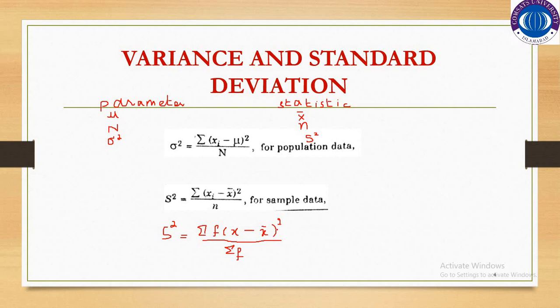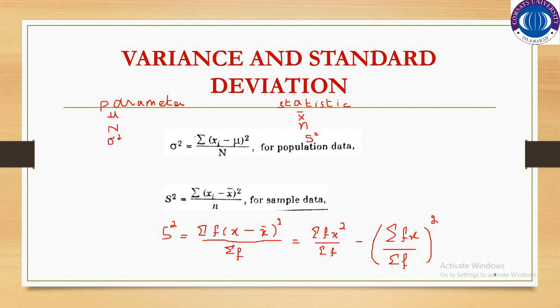By opening this square and simplifying, we can also write it as summation f of x square over. So this is the formula for the calculation of the variance.